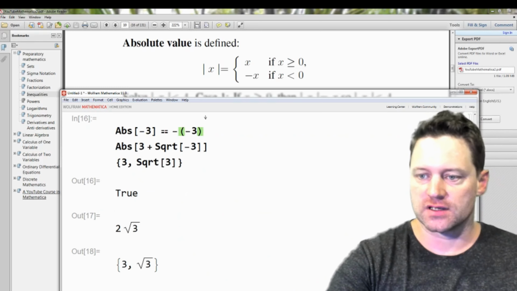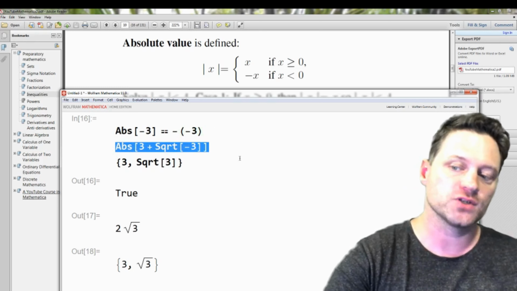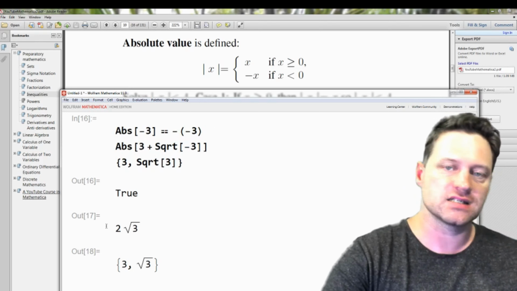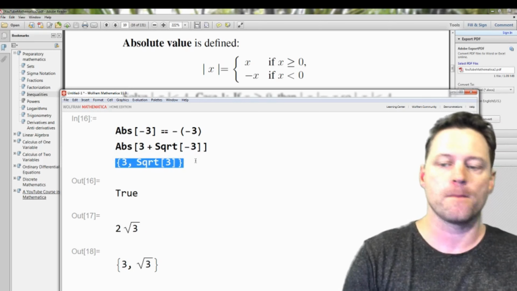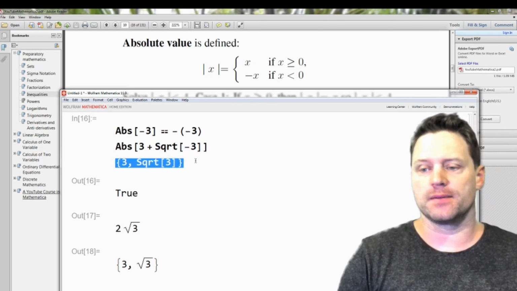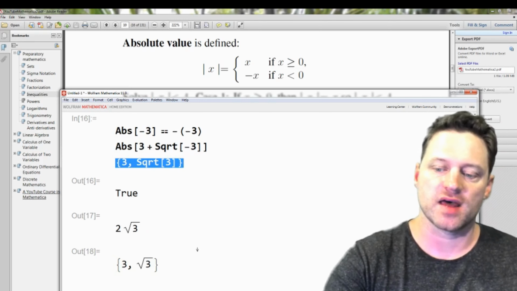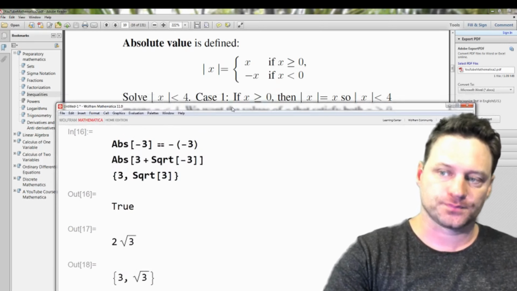I got true for this first question, and then we asked to take the modulus of this complex number, and the distance of that point to the point 0, 0 is 2 root 3. And then this last one is just repeating this in mathematical notation. So that's absolute value.